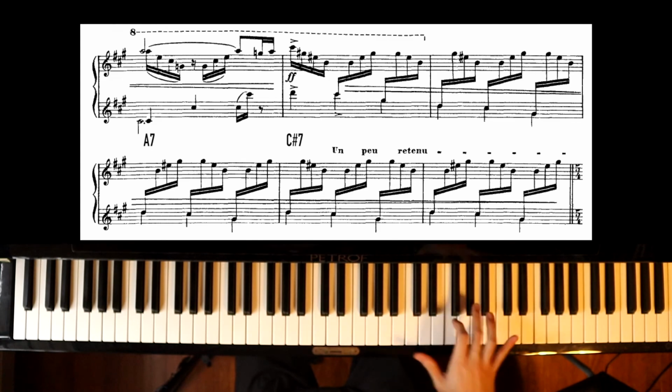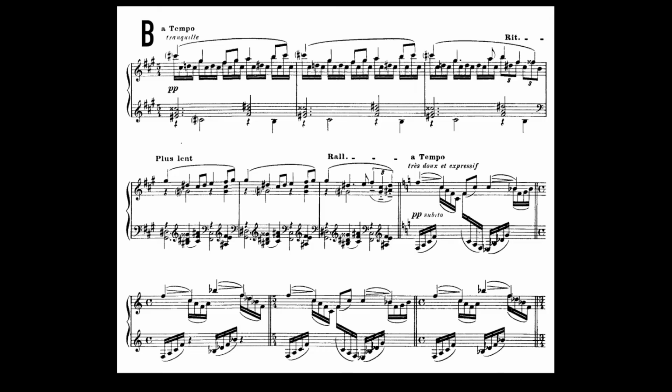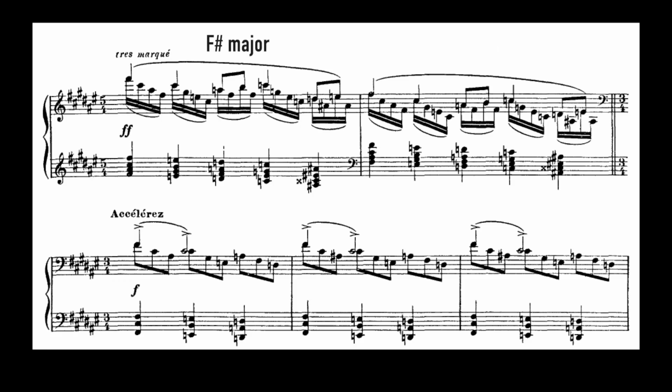The B section is nearly identical to that of the exposition. It begins in C sharp major, which will lead to F sharp major in the closing section, similar to the movement of E major to A major in the exposition.